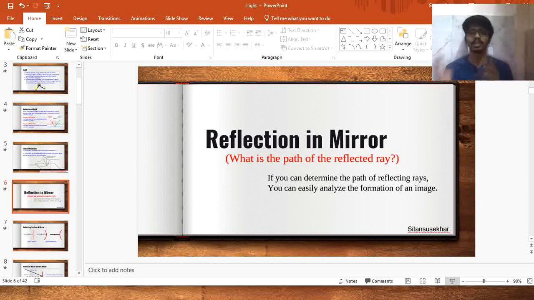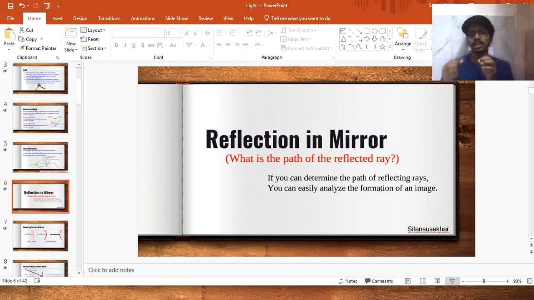So before that we have to understand the reflection part in the mirror, because what is an image? Image is nothing but the intersection point of reflected rays. If you can find the intersection point of the reflected rays, then you can find the image.